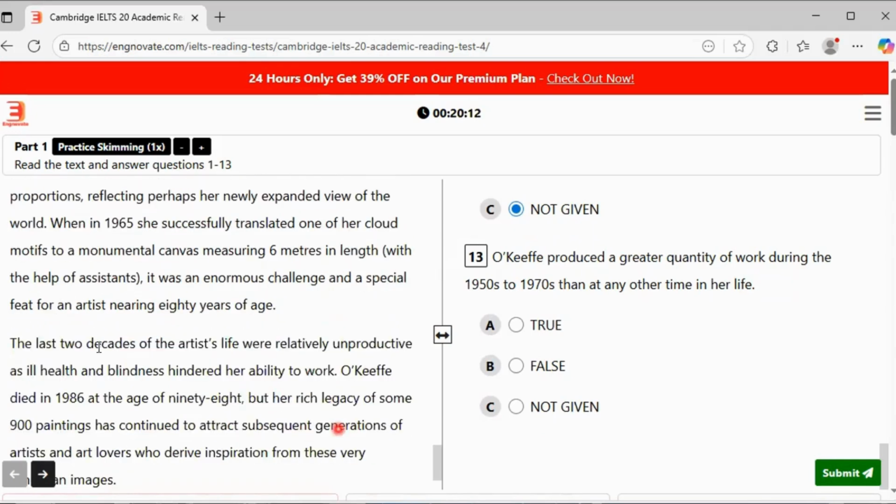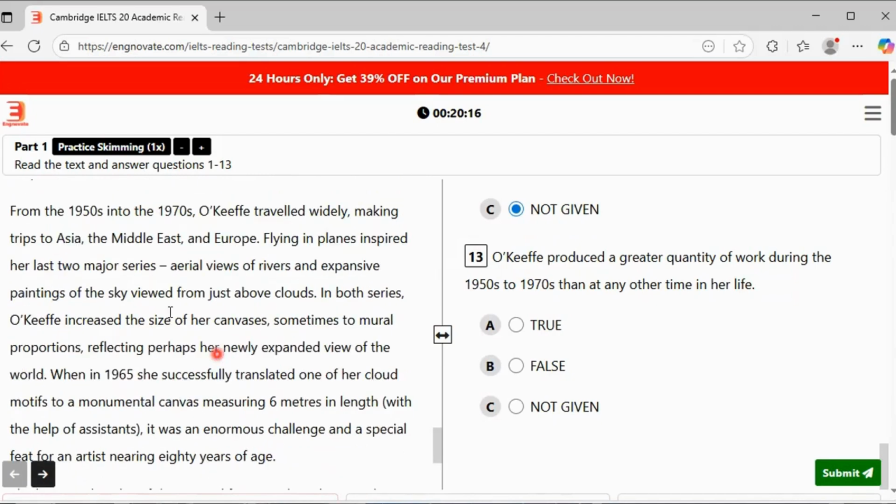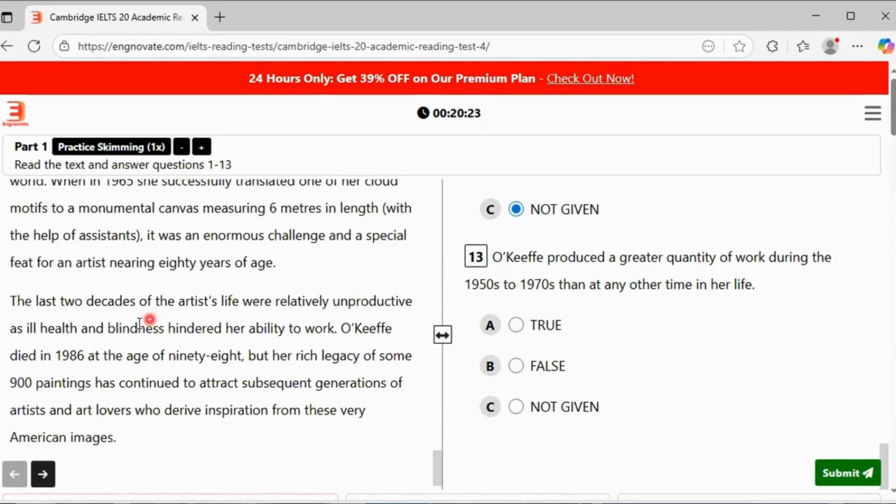The last 2 decades of the artist's life, last 2 decades. This one is 1950 to 1970. Those are 2 decades. Hold on. When did she die? 1986. Hold on. The last 2 decades of the artist's life were relatively unproductive. This one is not about 1950 to 1970.